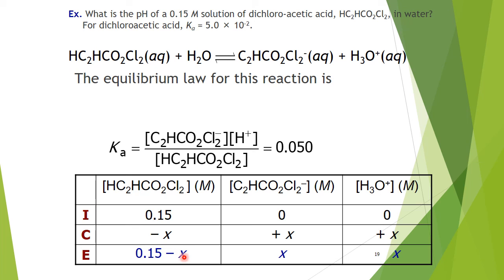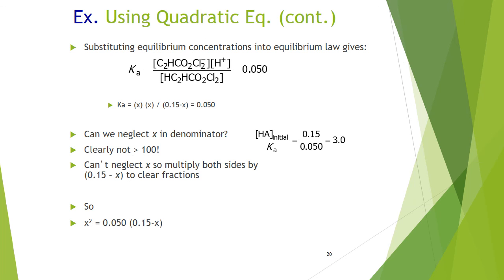So if this number here is less than 100 times 0.15, then we have to consider x. And when we do that, it's not 100 times, it's 3 times. Okay, so we have to keep x in our problem.